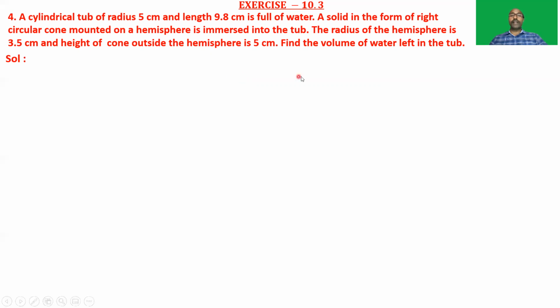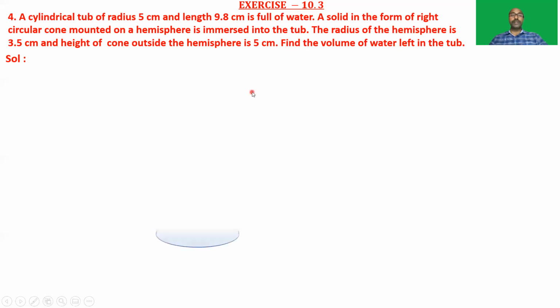Now we have to find the volume of water left in the tub. Here the measurements of the object which has been immersed into the water are given. The object is in the shape of a right circular cone mounted on a hemisphere, and the radius of the hemisphere is 3.5 centimeter and the height of the cone is 5 centimeter.